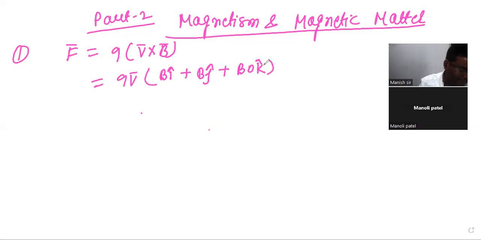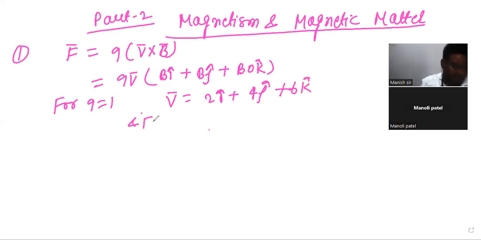So these are the magnetic field components in the respective three directions. So the charge value Q is equal to 1, and the velocity value V is 2I plus 4J plus 6K, right? And the force value is given as 4I minus 20J plus 12K. Understood? And what will be the complete expression for the magnetic field? It is asked in 2021.